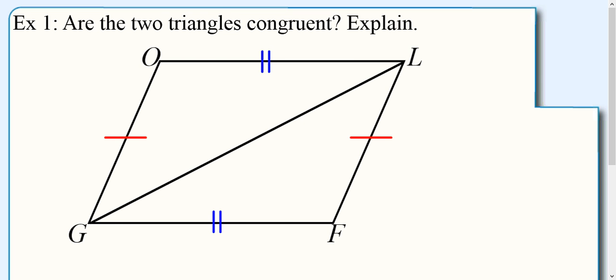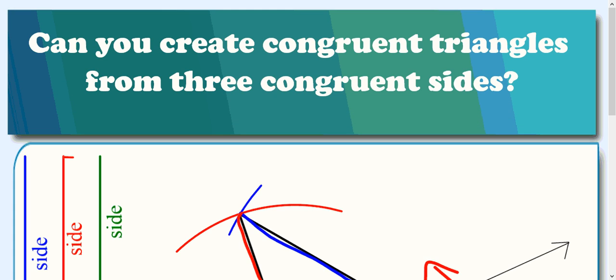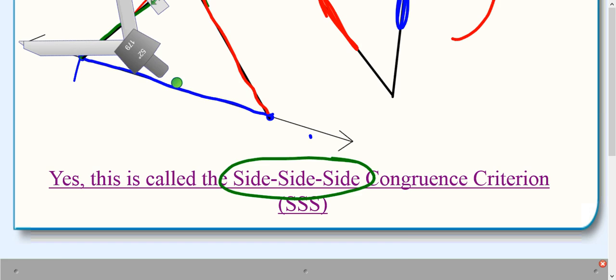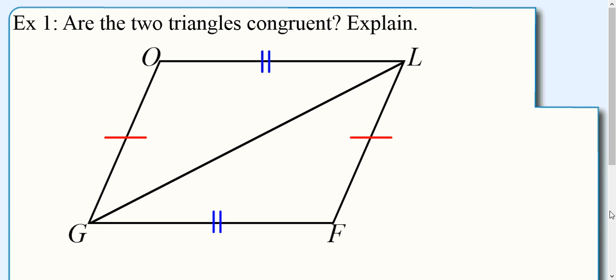So on the first page, we said that one of the ways that you can know that two triangles are congruent is by the side congruence criterion, which just says that if all three sides of one triangle are congruent to the three sides of the other triangle, they have to be the same triangle. They have to be congruent. So here's two triangles.